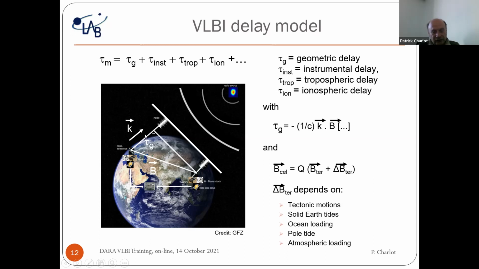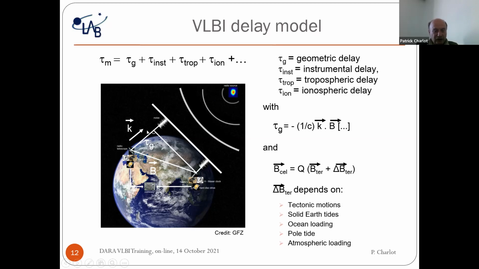In order to model this, you may think it is simple, but in fact the two vectors are not in the same reference system. One represents the direction of your quasars, and the other vector is on the ground, so it moves with the Earth because the Earth rotates.